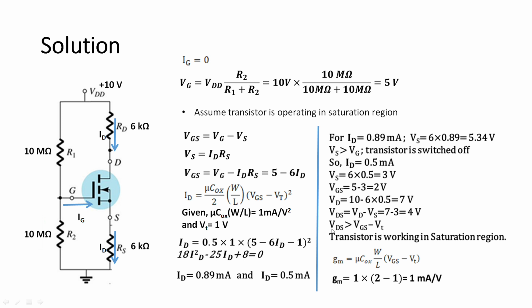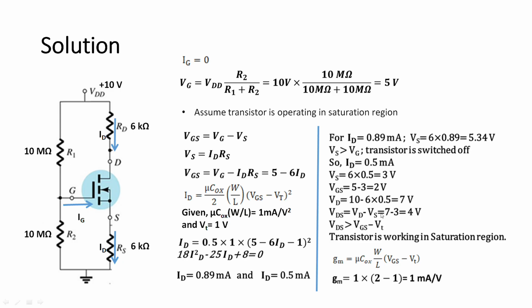Here VDS is 4 volt, VGS is 2 volt and threshold voltage Vt is 1 volt. So VGS minus Vt is 1 volt. That means VDS is greater than VGS minus Vt, so the transistor is actually working in saturation region. So our initial assumption is right.